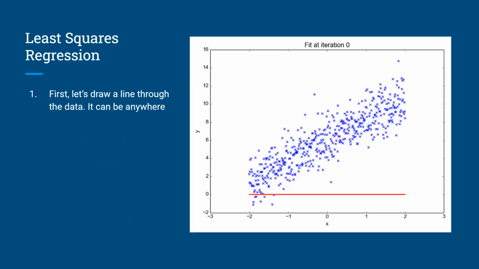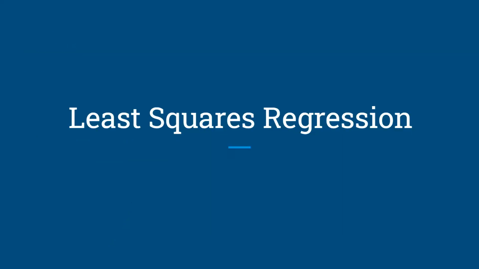All right, how does it work? Very simply, we want to set down a line, measure the distance from each point to the line, square all those distances, add them up, and pick our least sum. That line will be our line of best fit.